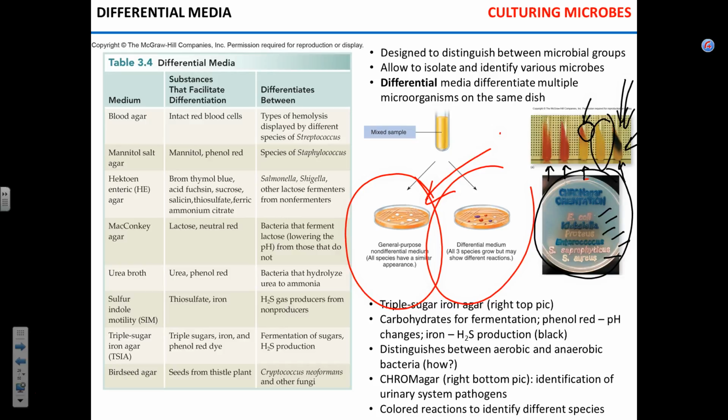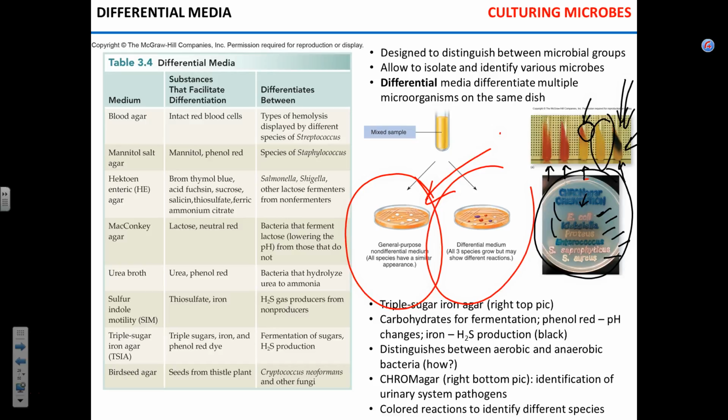Males, females, kids, doesn't matter. Each species, whose name is written on that agar plate, shows up in the color that its colonies show up on that chromagar. So E. coli colonies are pink. Klebsiella is dark blue, Enterococcus is light blue, and so on.